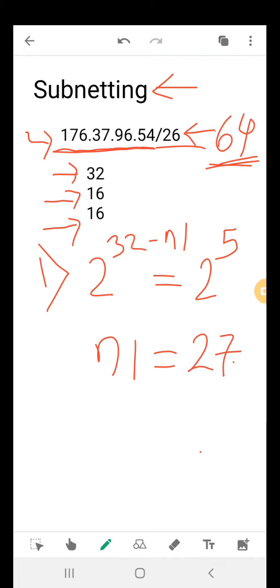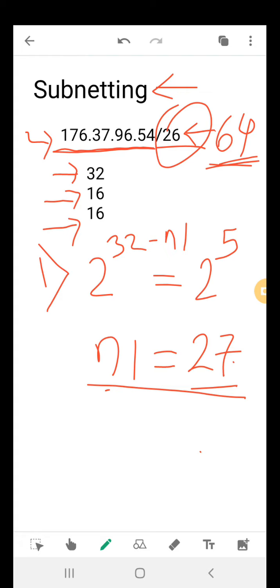So for the first office, my mask address is /27. This is my subnet mask. The original mask of my organization is /26. Now for that particular subnetwork, my mask address is /27.